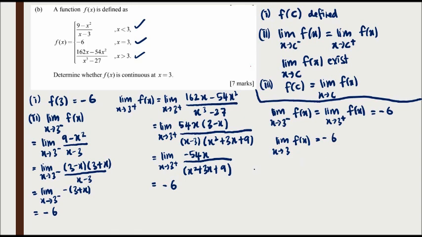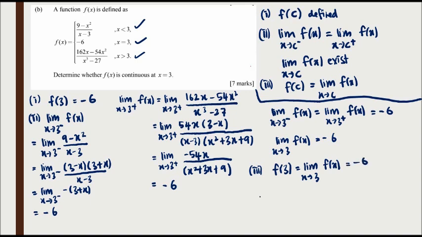And then for the third condition, we can already check that f(3) is equal to the limit of x approaching 3 of f(x), and that is equal to negative 6.